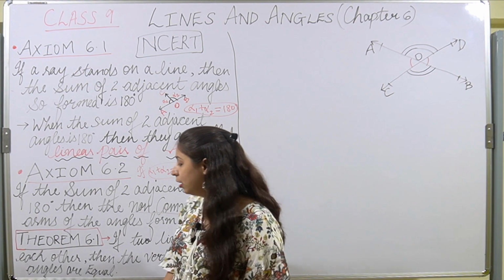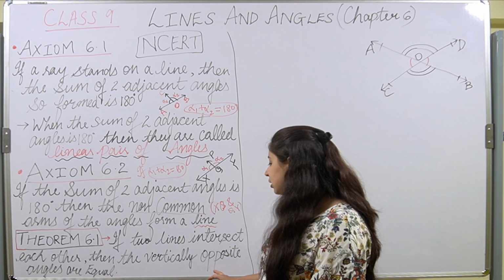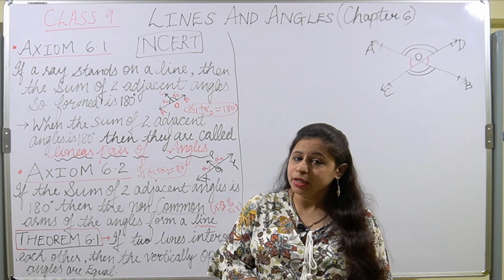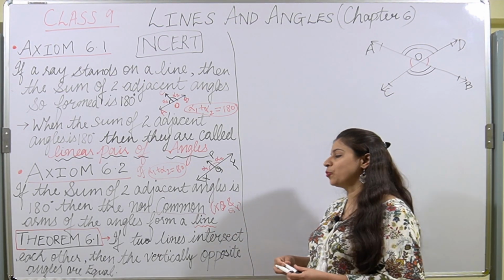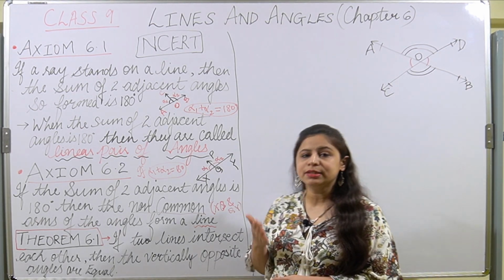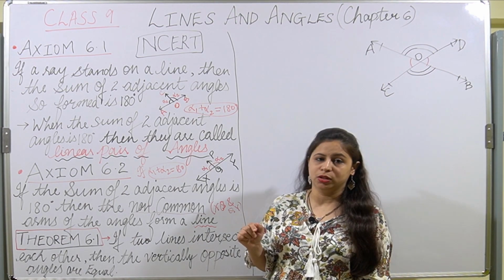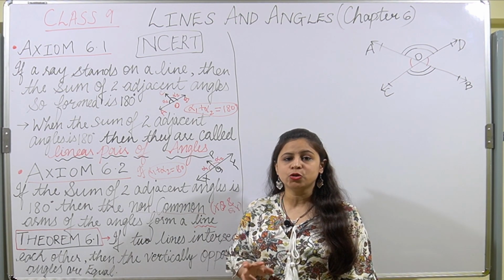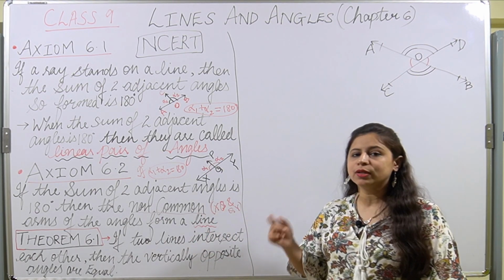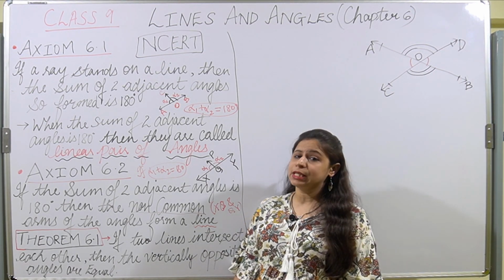This theorem says, if two lines intersect each other, then the vertically opposite angles are formed and those vertically opposite angles are equal. They form two angles opposite to each other, which are known as vertically opposite angles, and those are always equal.